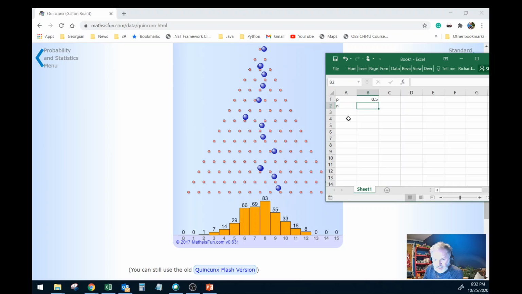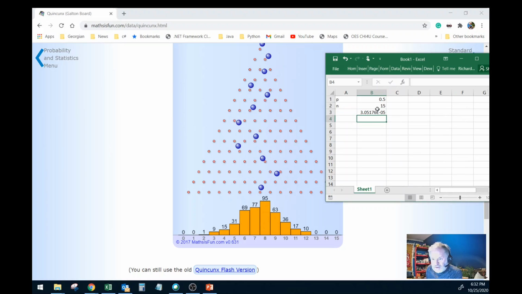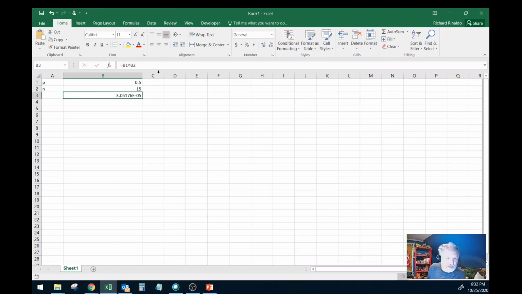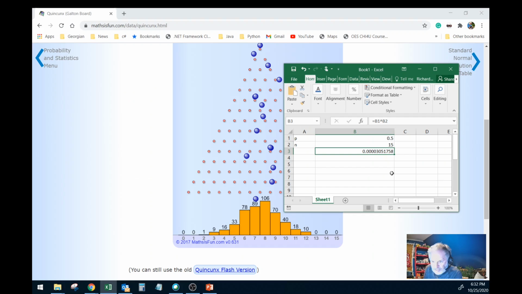So the probability of 15 in a row is P to the power of 15, which is one big ugly number, or small ugly number. So the probability of 15 times to the left is 0.0, so 1, 2, 3, 4, 5.